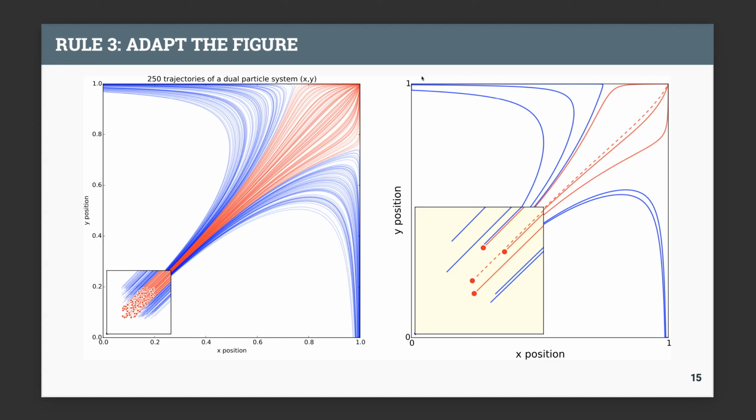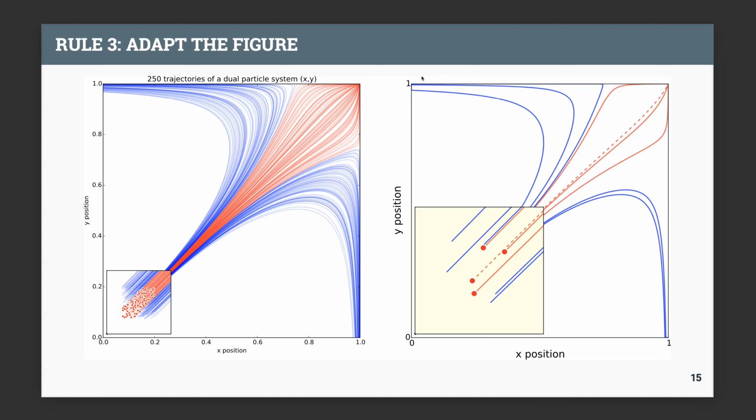So you have the original figure on the left that would be published in a paper, and on the right, I removed a lot of the different trajectories. I put a dash line just to be able to say, oh, look at the dash line, and I increased the starting point.